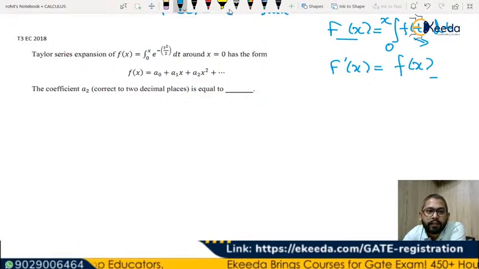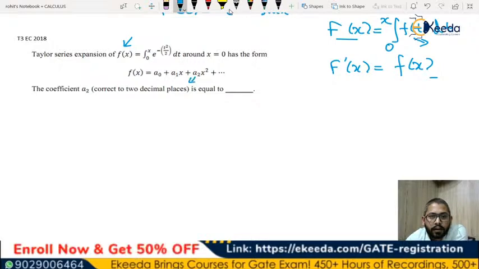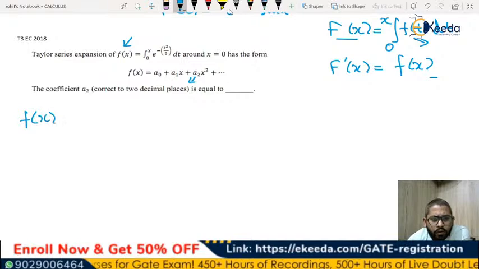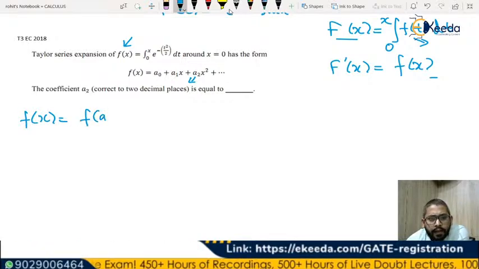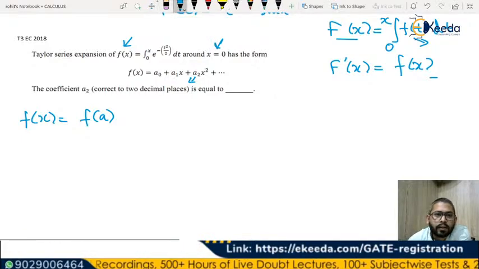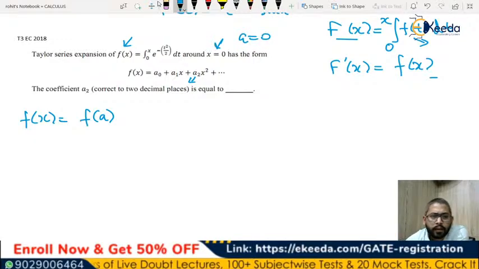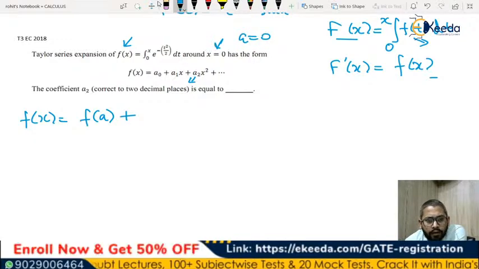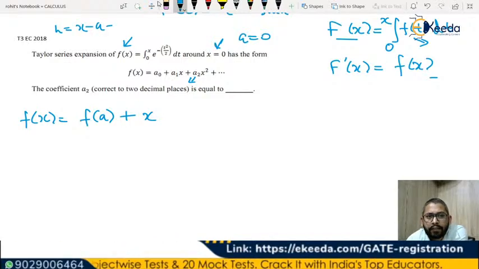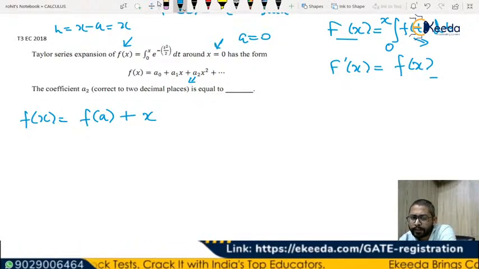So similarly, we have this F of x here, and we need to find the expansion a2 value. So before going to a2, what is F of x going to be? This is going to be F of a, where a is 0. So I'm writing a equal to 0 first, we'll put it afterwards. Plus x, because h, which is x minus a, will directly become x. Correct? This is Maclaurin's, because a equal to 0 gives you a Maclaurin series.